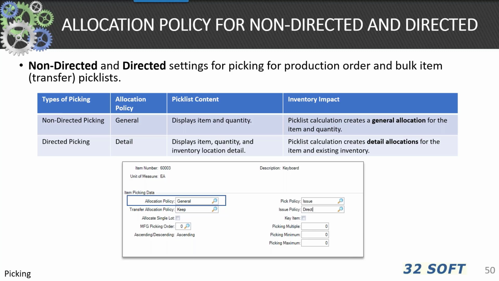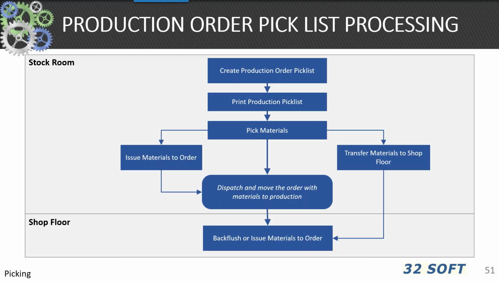You can specify detail when you want to conduct a specific quantity to pick for the allocation process or the automated process. With general allocation, the system uses a general allocation for items on the production order. For example, specify general when inventory items are manually picked, and you have either to create or have the system create the detail allocations for the picked inventory.